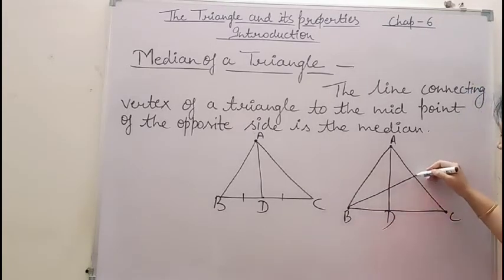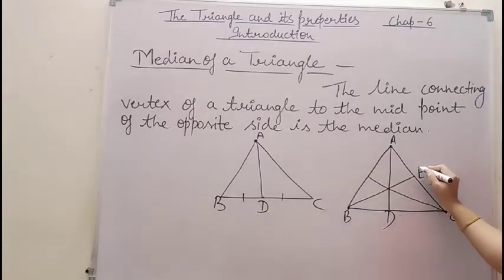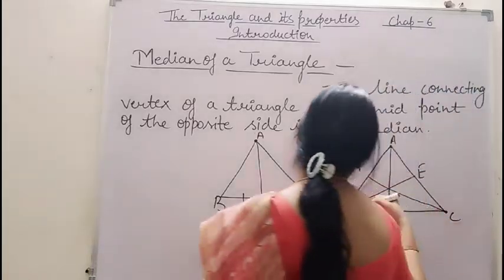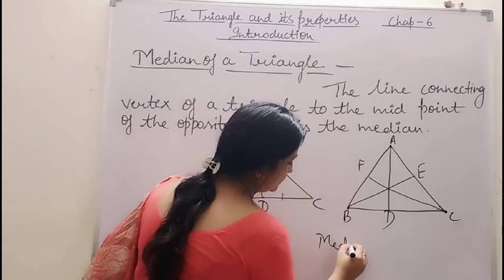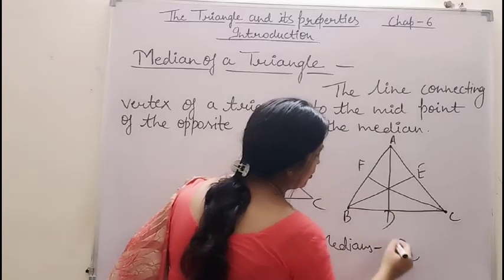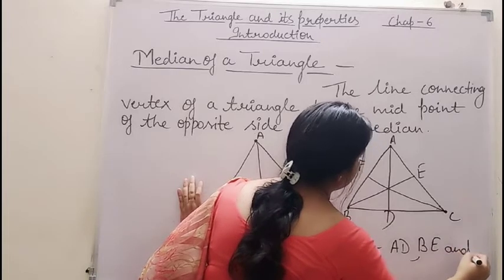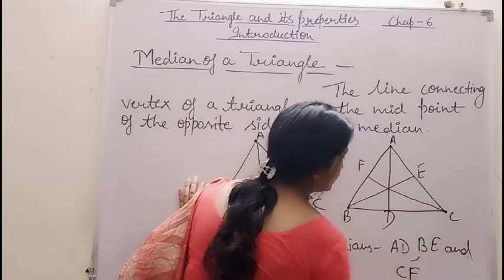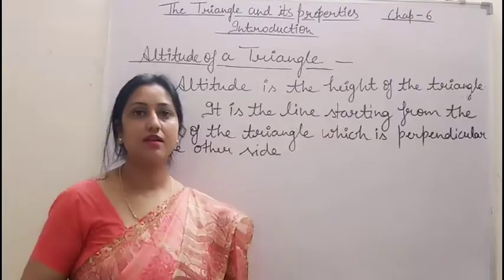This is the midpoint of this side, and again we can draw like this. Give them the names E and F. So in this triangle there are three medians: AD, BE and CF.